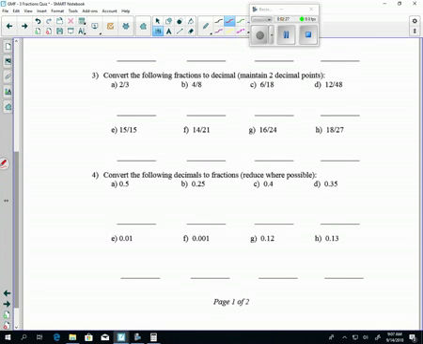Okay, the point on this one here, I won't do them all, but when you convert fractions to decimal, there is a condition here. We change it to 2 decimal points. So what we have here is 2 over 3. And if we use our calculator, I'm seeing some concerns here in how we express that. So I'm going to put the calculator up.